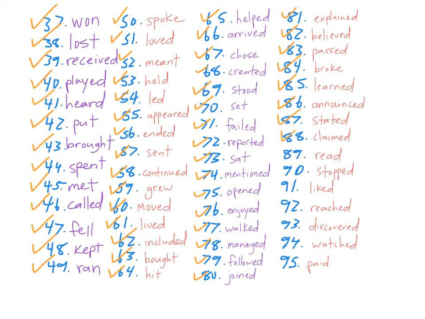Claim, claimed. Read, read. On this one, they're spelled the same, but in the past tense, it's pronounced red, like the color red. That's how it's pronounced.